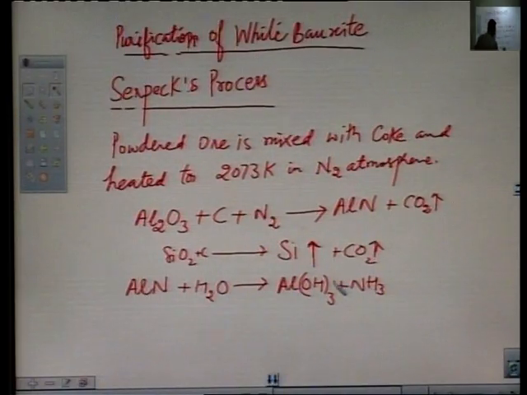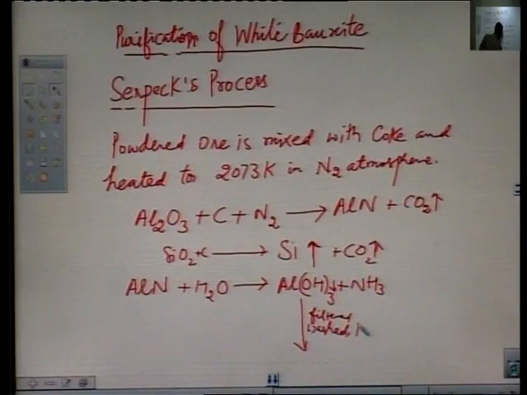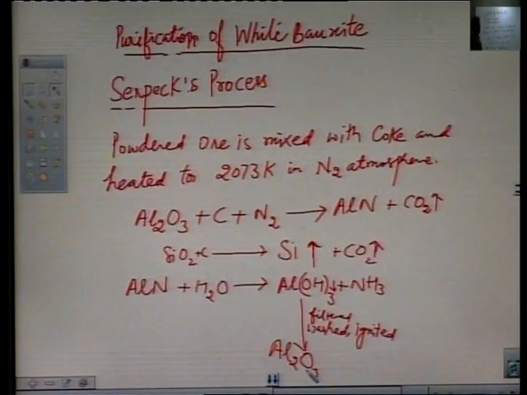The precipitates of aluminum hydroxide are again filtered, washed and ignited to give pure alumina. So again pure alumina is formed.